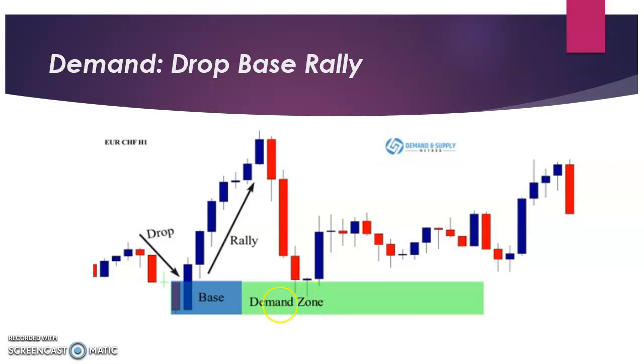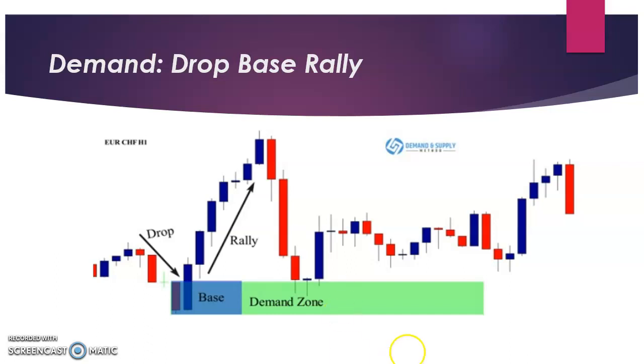Of course, it's a demand zone because we are expecting that when price gets into that place, price is going to go back up. So we are looking forward to buy at the demand zone.